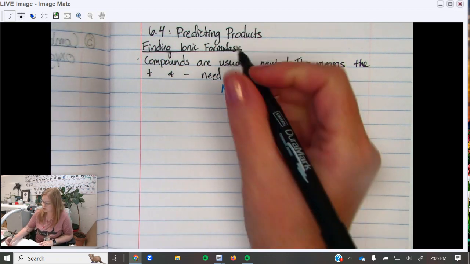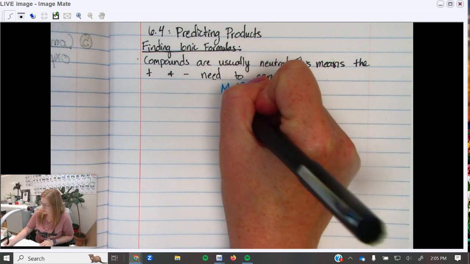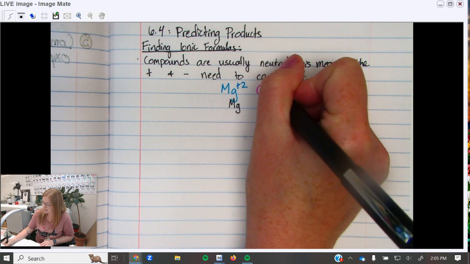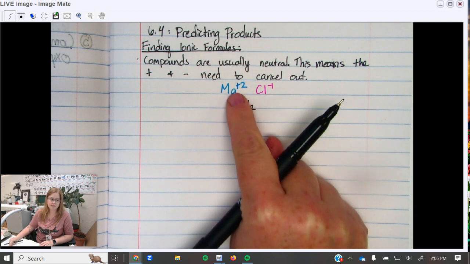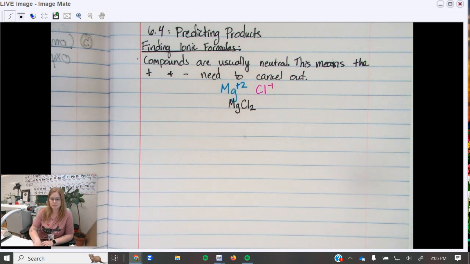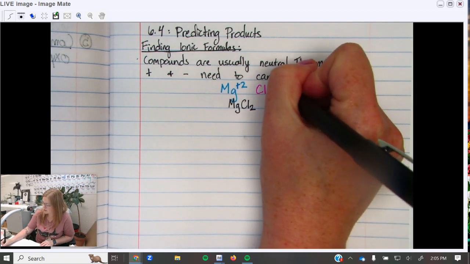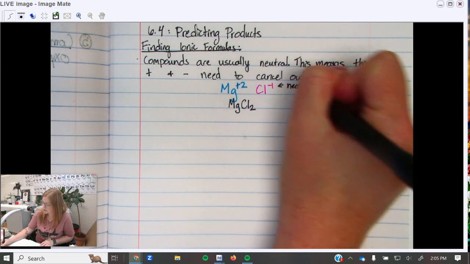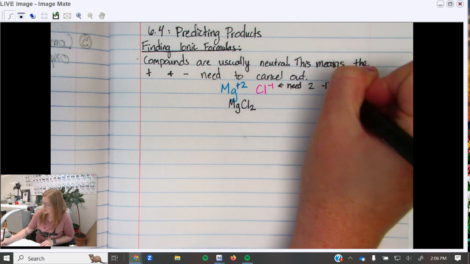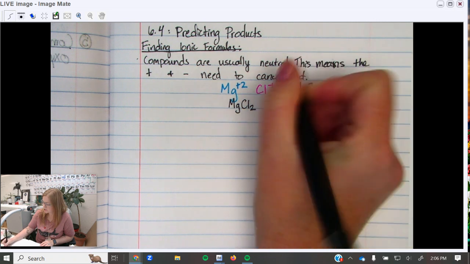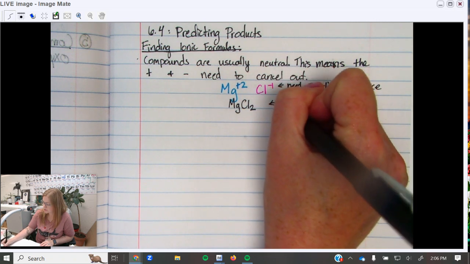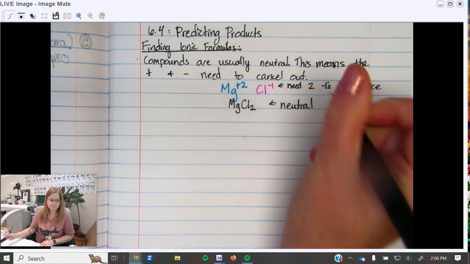So if I had just regular old Mg, and then I need Cl, but I need 2 of them to get my 2 negatives to cancel out the 2 positives that Mg has. So then this makes it neutral.